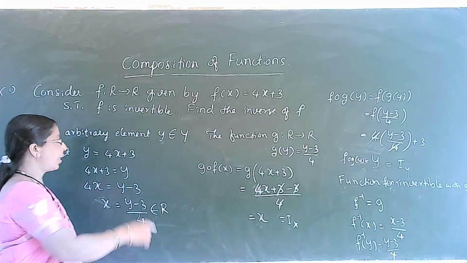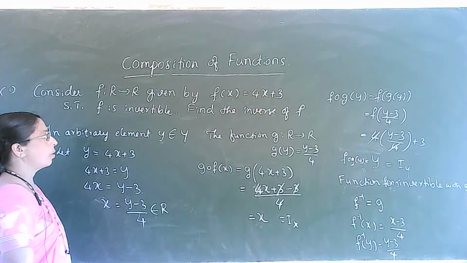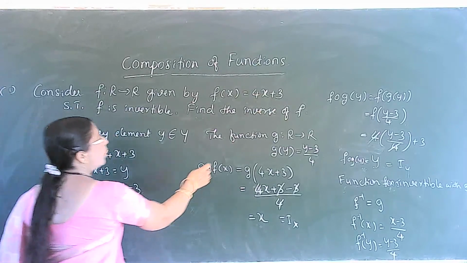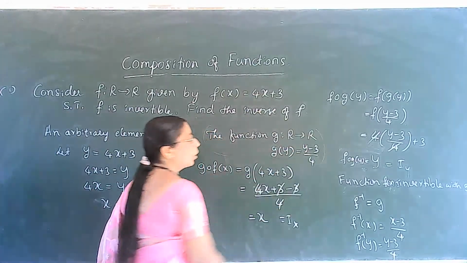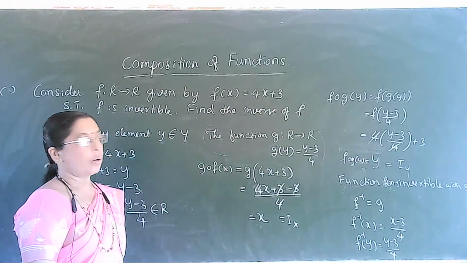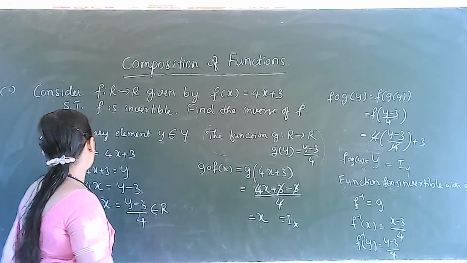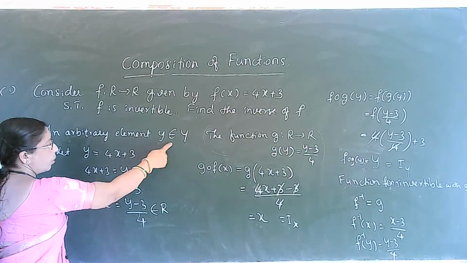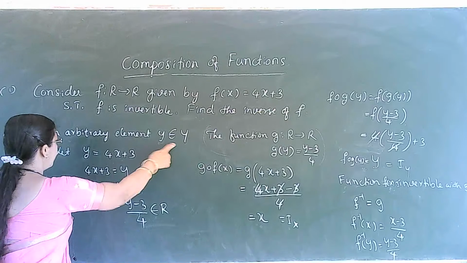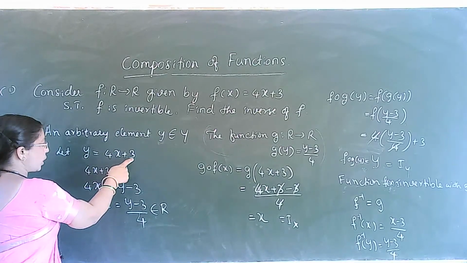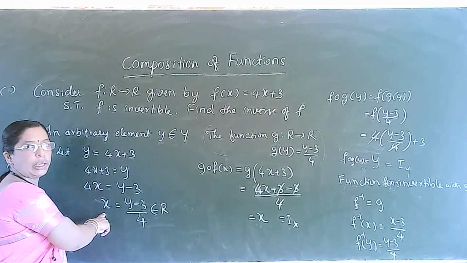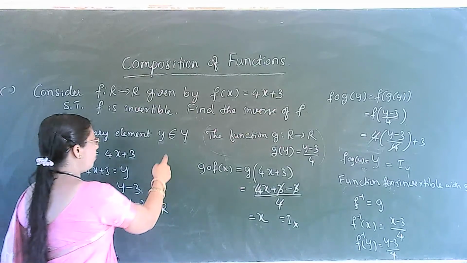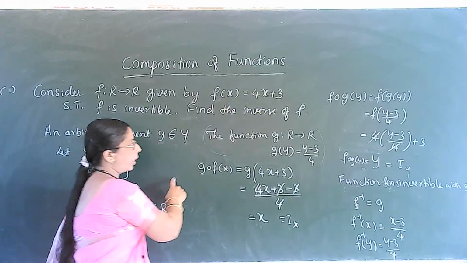Once again I repeat these steps, because it's a 5-mark question. If you do not define this, you lose 1 or 2 marks. Therefore, first you choose an arbitrary element y belonging to the codomain, y is equal to 4x plus 3, and find the value of x, meaning the pre-image of y.